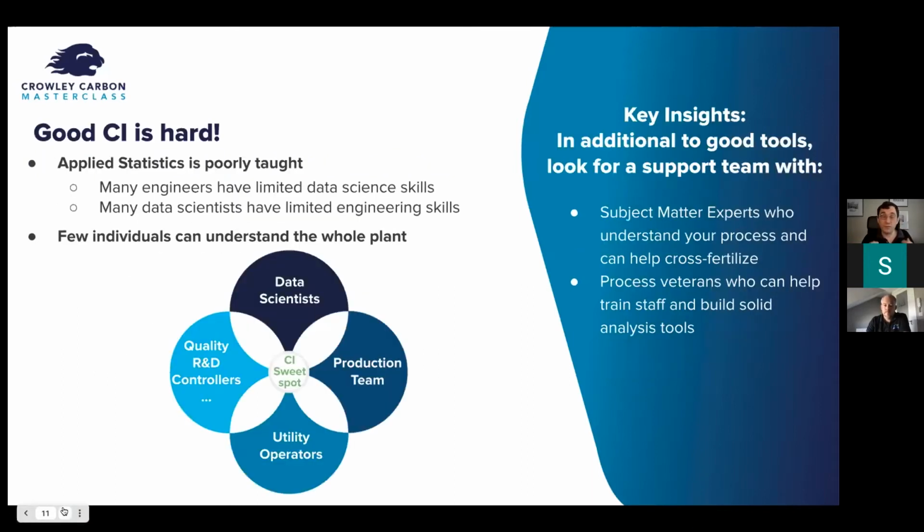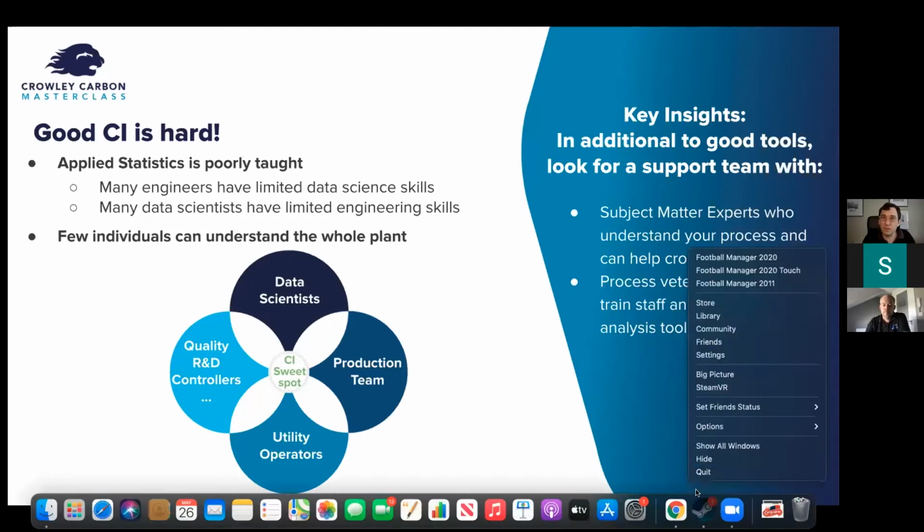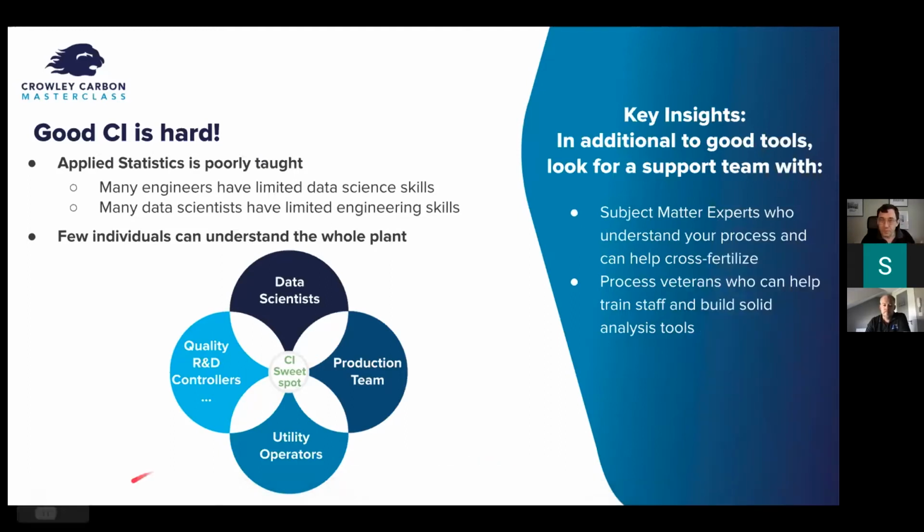So the final thought, and then I'll let Colin speak for a little bit, is that good continuous improvement is hard. It's a truism to say that a lot of good engineers have fairly limited data science skills, and a lot of really good data scientists have very limited engineering skills. And so what you really need to do is try and find that sweet spot in the middle where you can draw together knowledge from your production teams, from your utility teams, from your quality, with the data scientists to really hit that sweet spot.